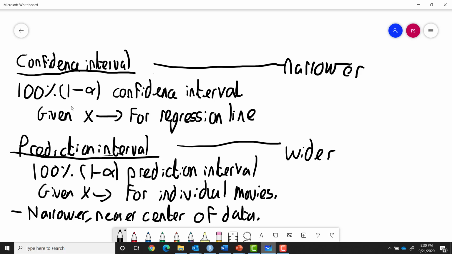If I've got a lot of movies making between maybe $50 and $100 million for the opening weekend revenue, I'm probably going to have a fairly accurate prediction. If I'm trying to predict maybe Avatar 2, where I've only had 1 or 2 movies in that realm, it's going to be much harder to actually predict.